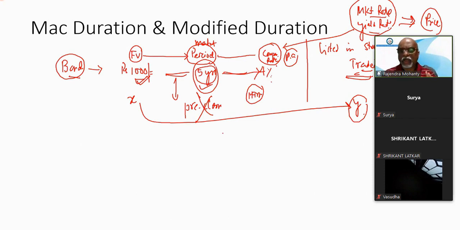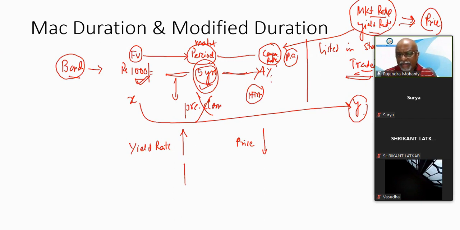And the market always works on a single fundamental rule: whenever the yield rate goes up, the price of the bond has to go down. Whenever the yield rate is going down, the price is going up. That is the basic rule.